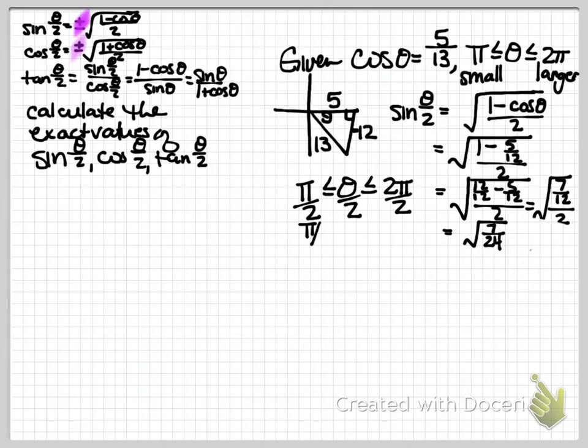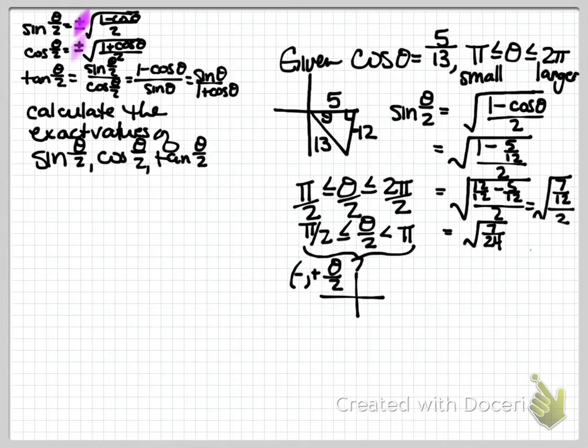And that puts us at pi over 2 is less than or equal to theta divided by 2, less than or equal to pi. What quadrant's this? Hopefully you said the second quadrant. So that means that theta over 2 is in our second quadrant, which makes cosine negative and sine positive. So this was the sine that we found, so this one's going to be positive.